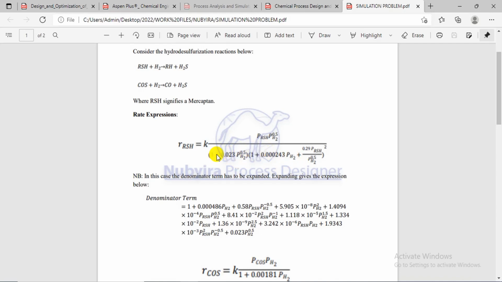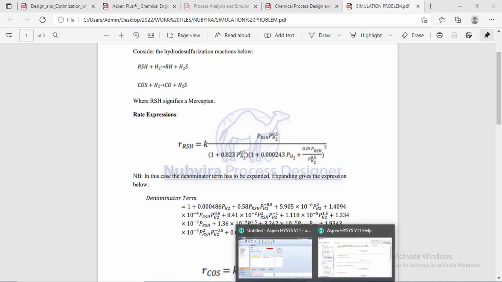So by the time you do the expansion calculation, you get your denominator term or your adsorption term to be equal to this right here. Now I'll be using this to illustrate how values from this equation should be inputted in Aspen Hysys.